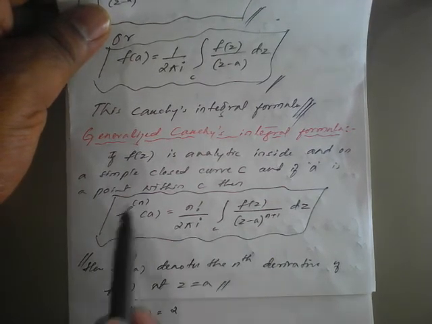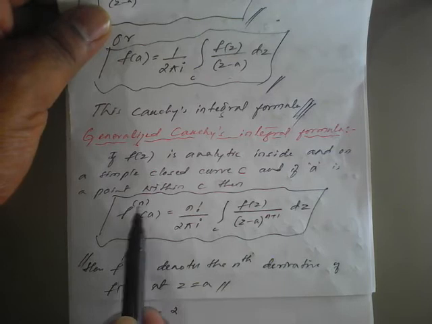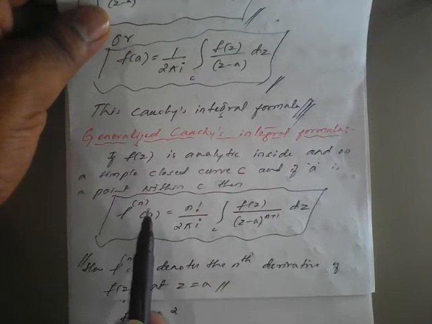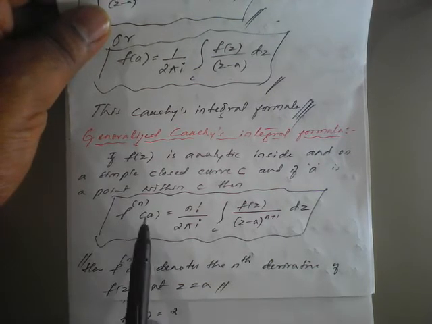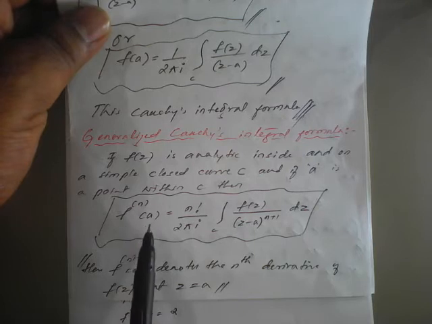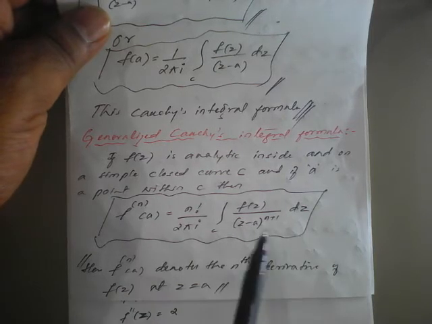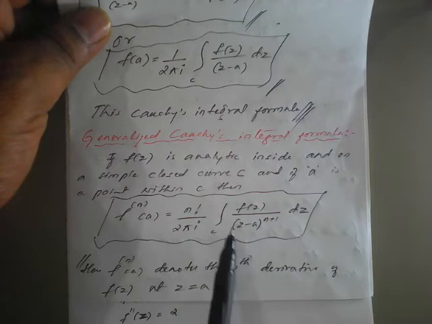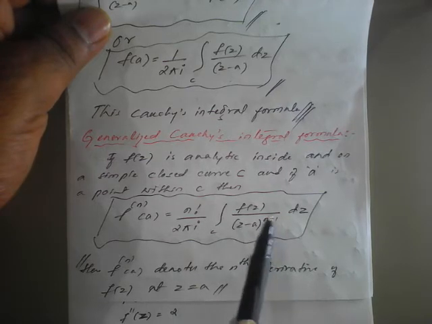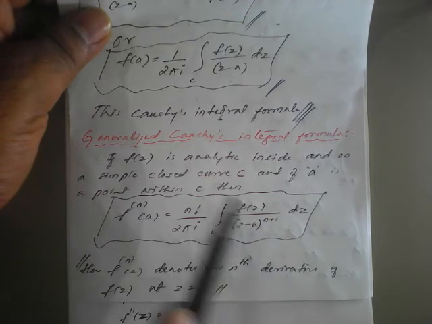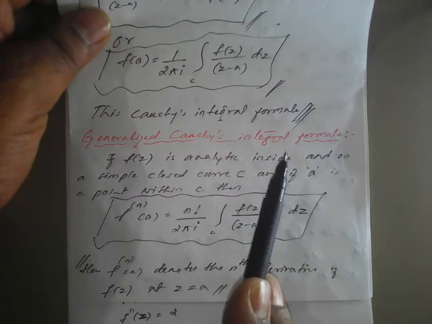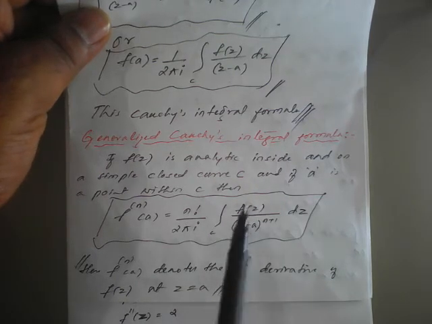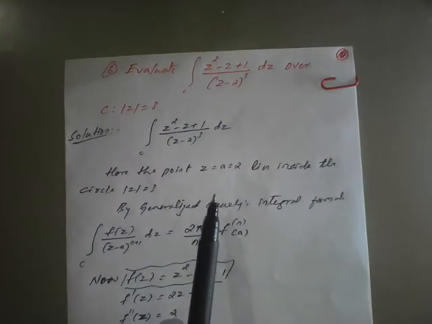So this is the generalized formula. f raised to n is nothing but the given function f of z differentiated n times at a point a. If z minus a is a pole raised to any power, at that time we have to use the generalized Cauchy's integral formula. So we'll use this and solve the respective example here.